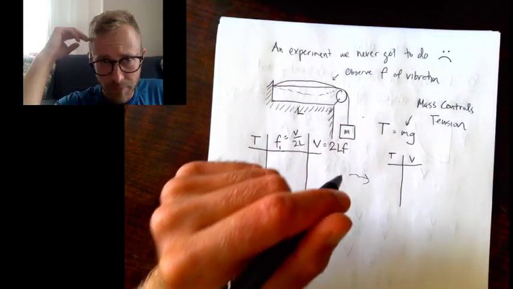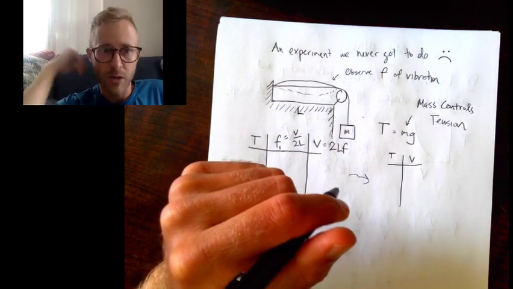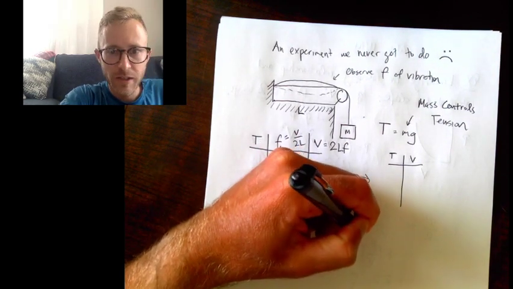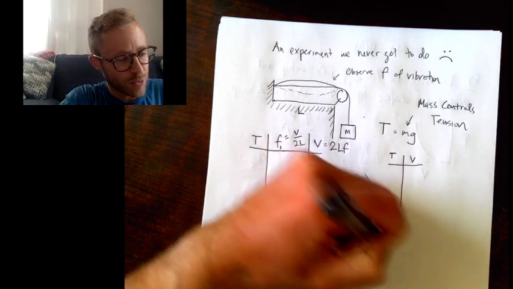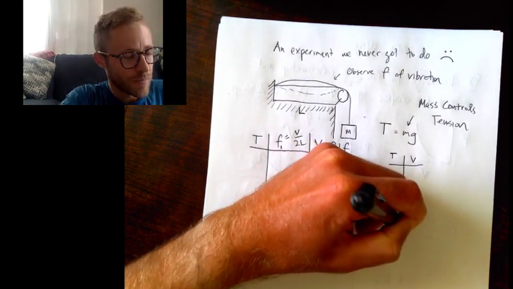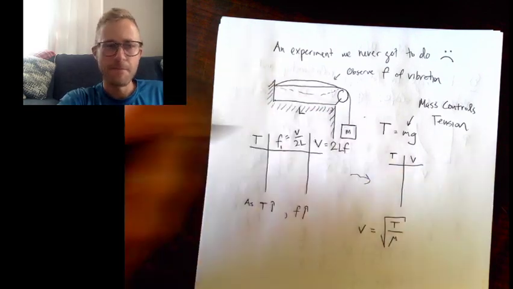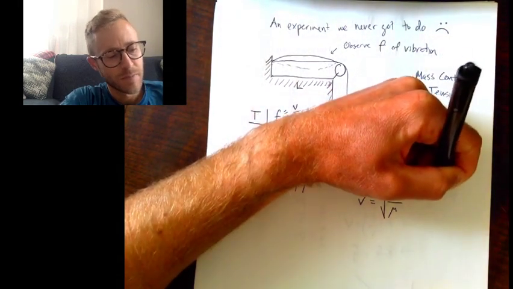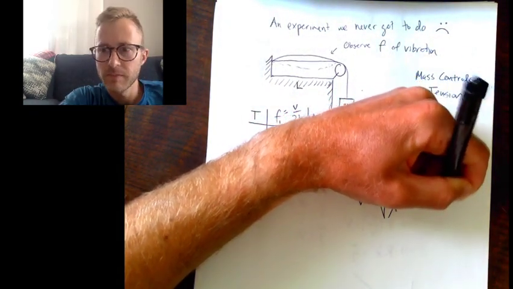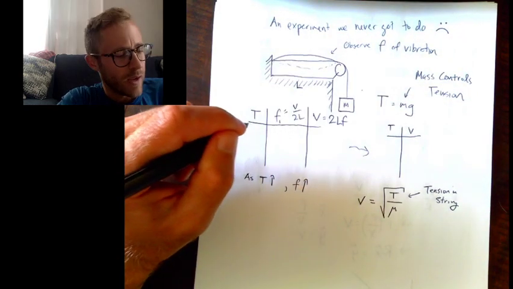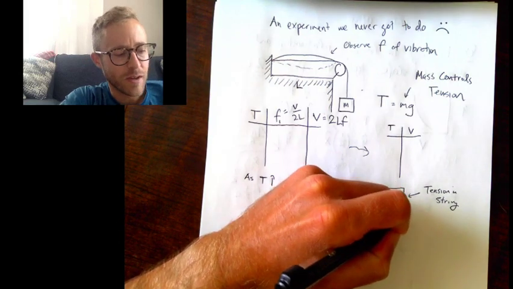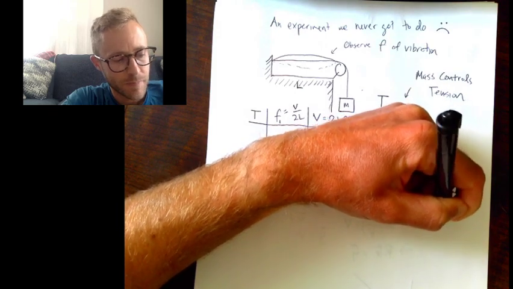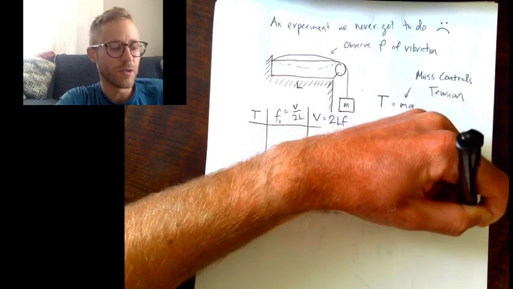But because we're not actually doing the experiment, I'll just tell you what the relationship is. The wave speed is equal to the square root of T over mu, where T is the tension in the string, okay, and mu is the mass per length of the string.